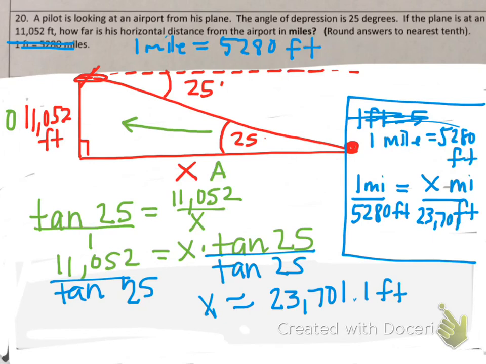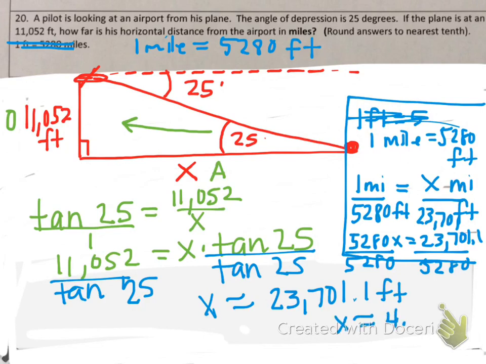You would cross multiply here, so you'd get 5,280x equals 23,701.1, and then divide by 5,280. So it's the same thing as taking your original answer and dividing by 5,280. So I'm going to type this in. 23,701 divided by 5,280. So that's approximately 4.5 miles away.